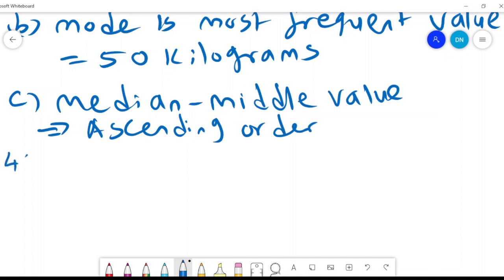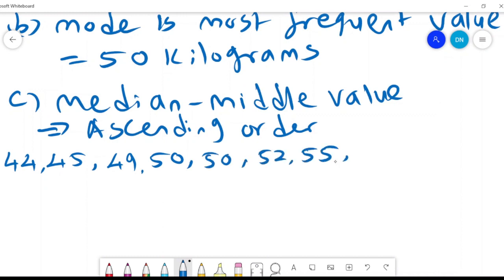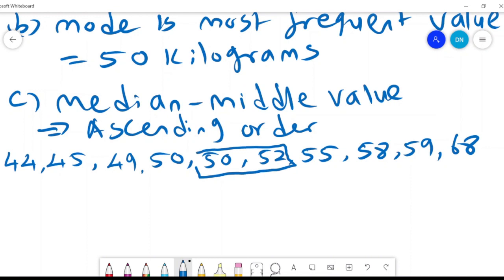So we have 44, 45, 49, 50, and we also have another 50 there. When you look at these values, because they are 10, we realize that these two values are the ones at the center.